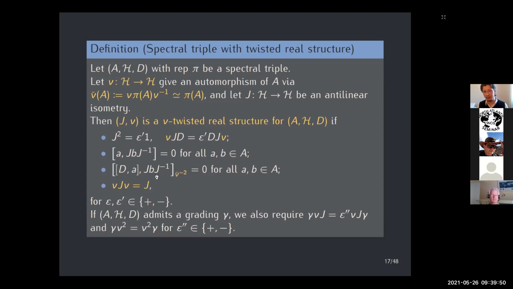So I might call this at some point a semi-twisted first order condition, just to contrast it with the twisted first order condition of the real twisted case. And also optionally, you have this regularity condition. And if there's a grading present, also some compatibility conditions with the grading, but it's not so critical.